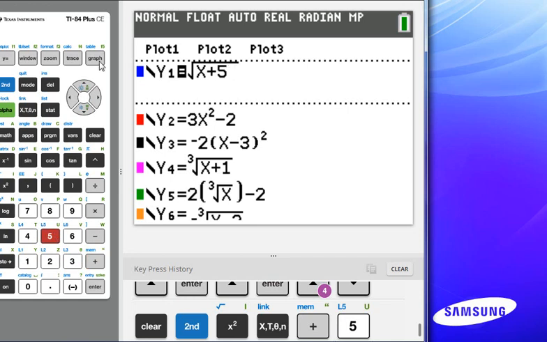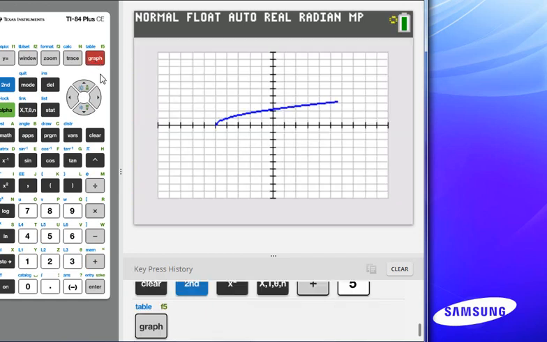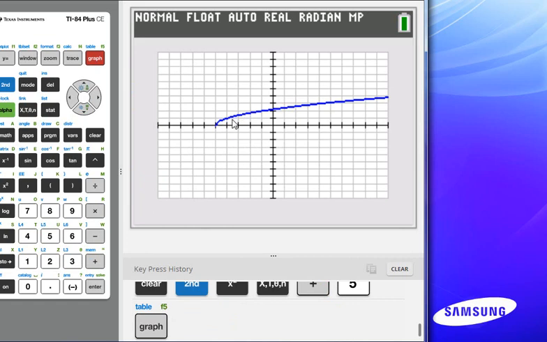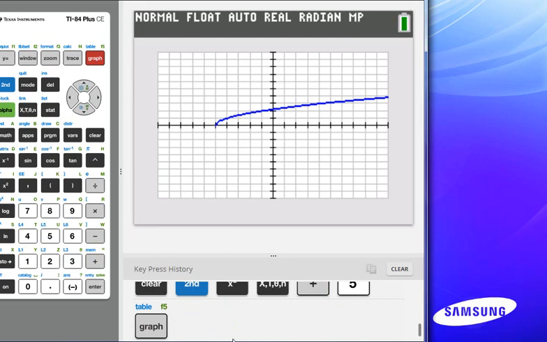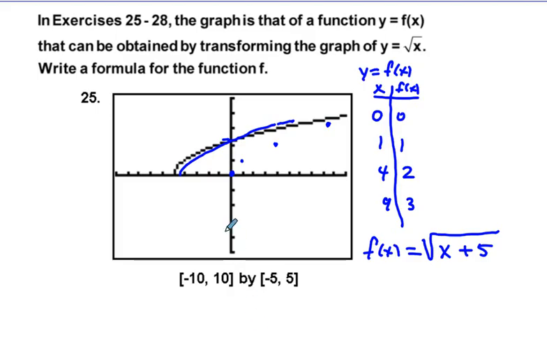And graph the function. I think that's the only one we have highlighted. Yeah, you should see, right? It comes right. The y-intercept is a little over 2. So that's going to match really well. So this is going to be our correct answer.